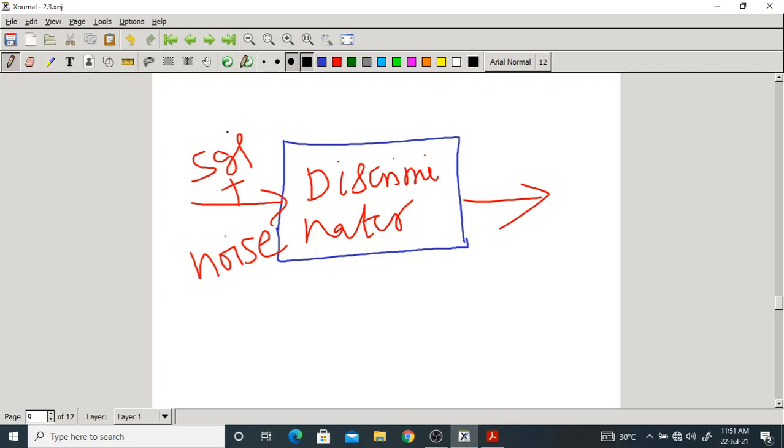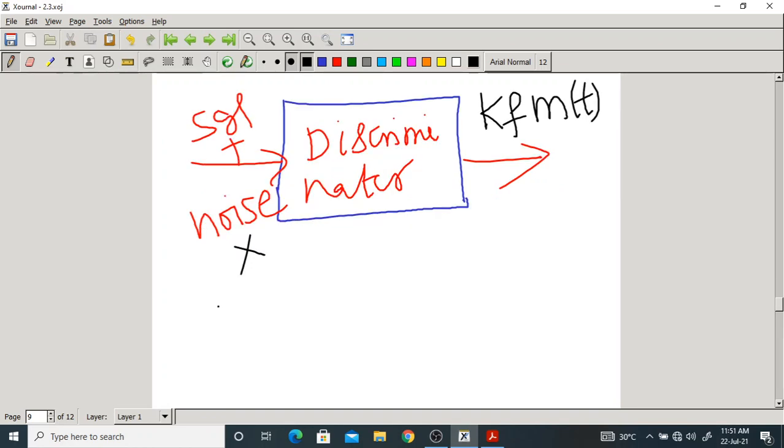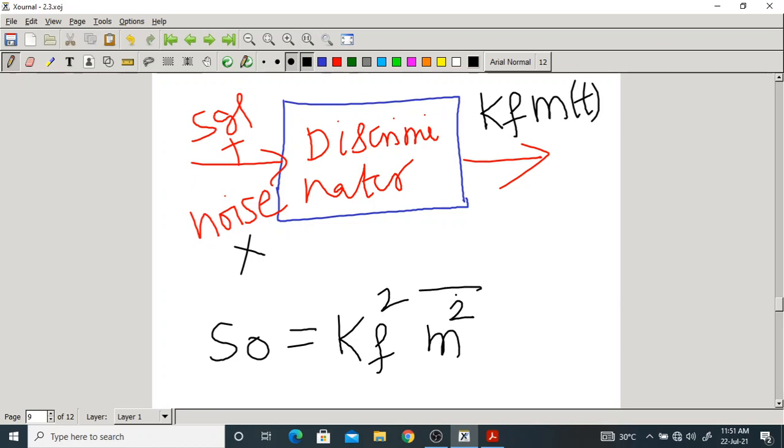First we find out signal and next noise. If it is signal only, if there is no noise, and signal is given, output is kf m of t. What is kf? It is called frequency sensitivity. So what is the output signal power? Kf square m square bar.